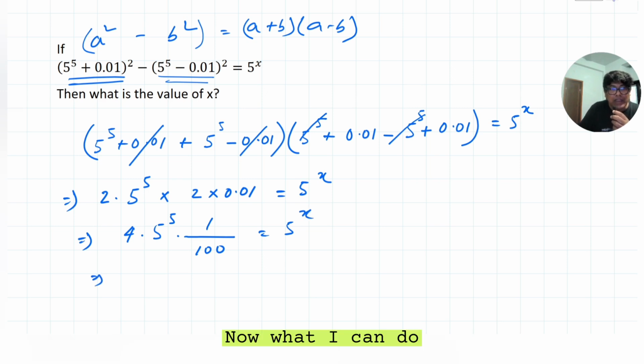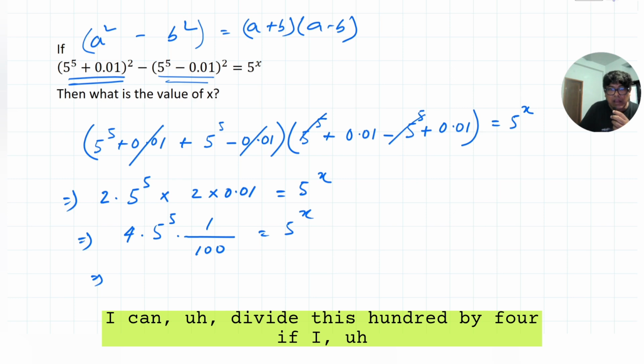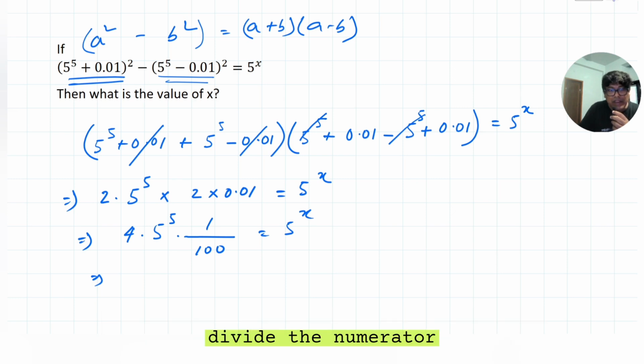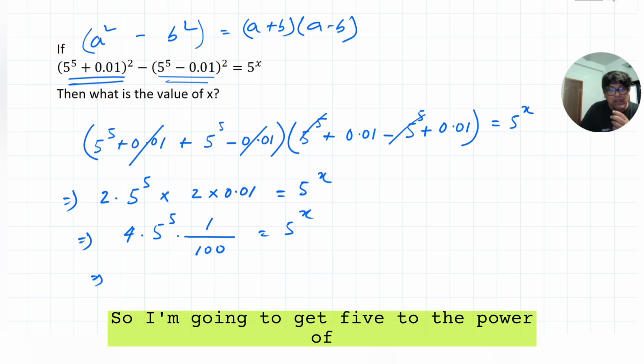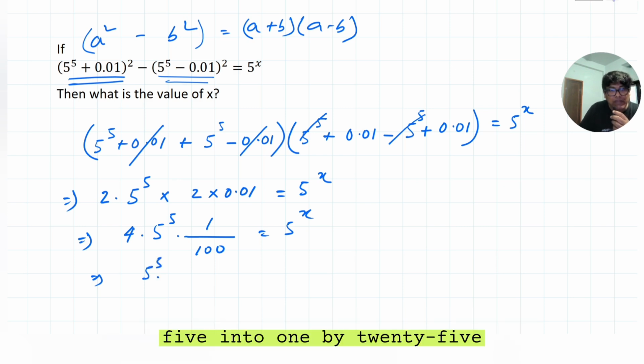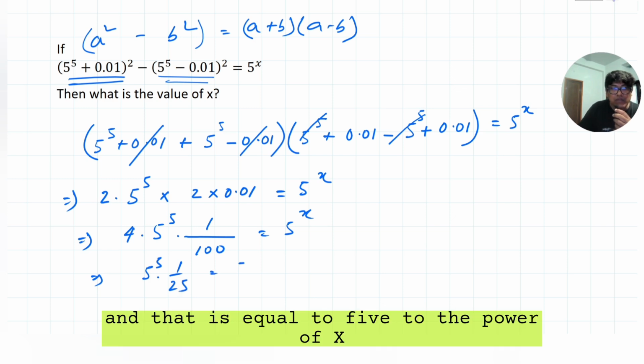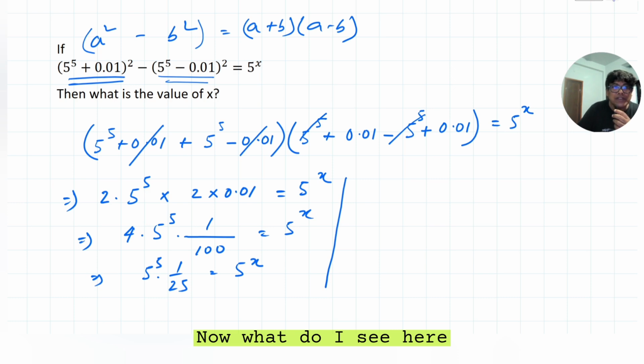Now what I can do, I can divide this 100 by 4. If I divide the numerator and denominator both by 4, I'm going to get 5 to the power of 5 into 1 by 25, and that is equal to 5 to the power of x. Now what do I see here?